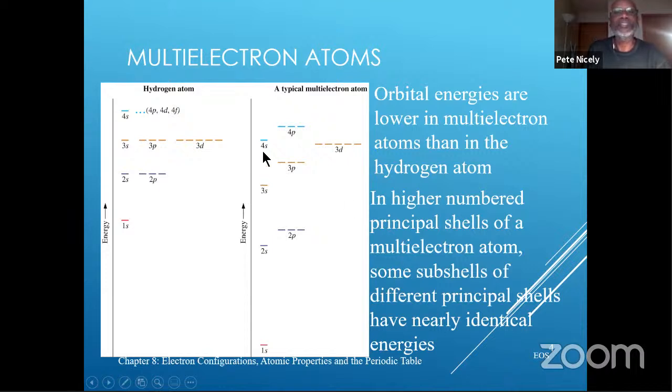And what they're referring to is basically the lowest subshell of the 4th shell and the highest subshell of the 3rd shell, right? You see that the energy of the 4s subshell is almost the same as that of the 3d subshell. So you might have some overlap, in other words, between subshells of different shells, all right?